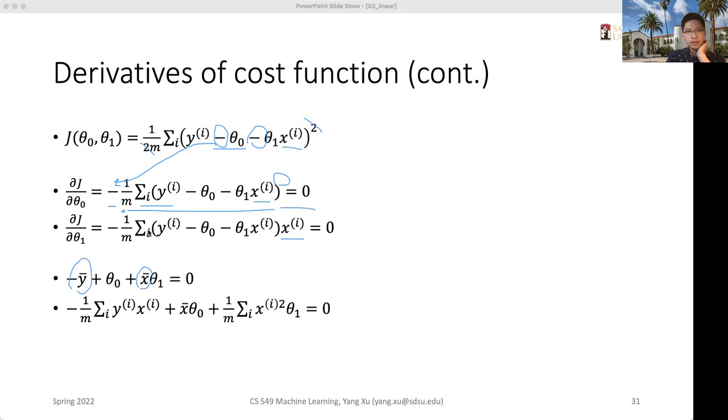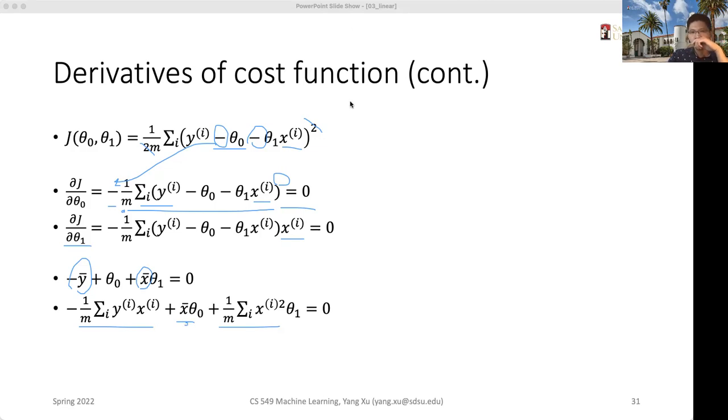Okay. And the derivative with respect to theta 1 is slightly more complex. So we need to rewrite the summation of the products, and also the summation of the xi square here. And the middle term here is the xi.